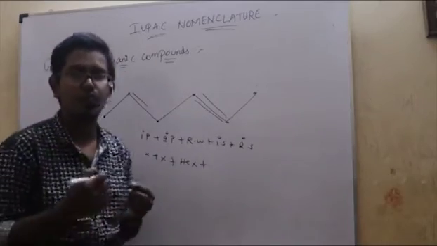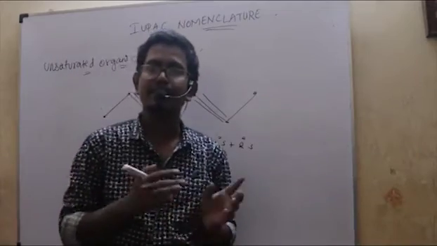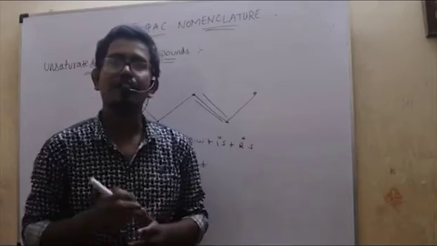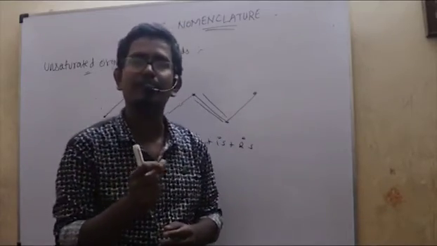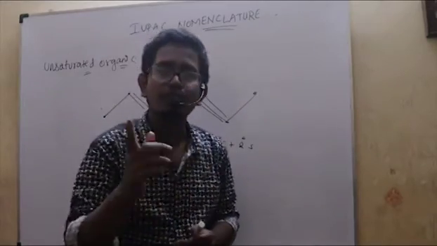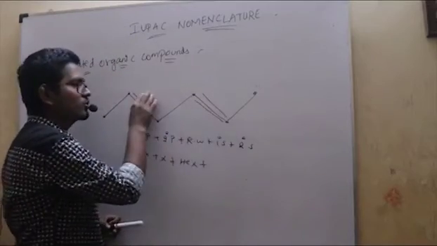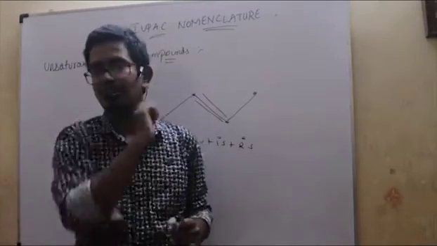Then what should we do? If the double bond and triple bond are present at different positions, then we should give the numbering in such a way that any one of the unsaturated groups, that means any one of the double bond or triple bond, should get the least position.